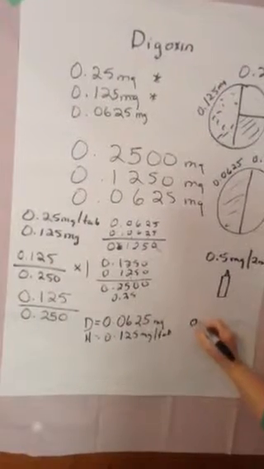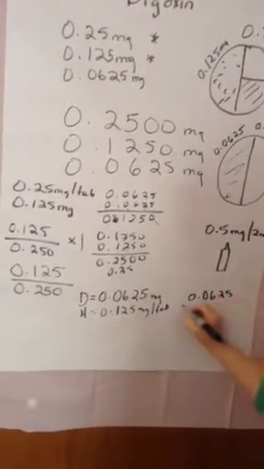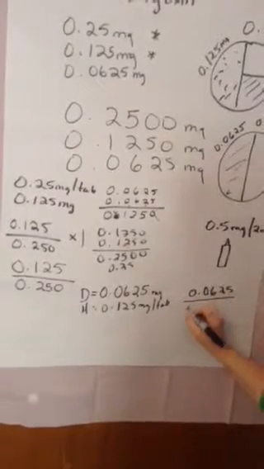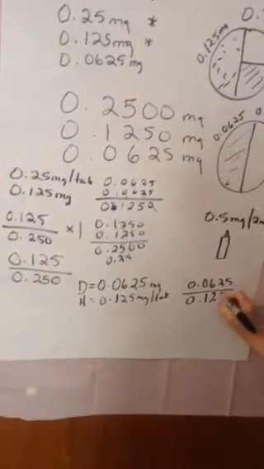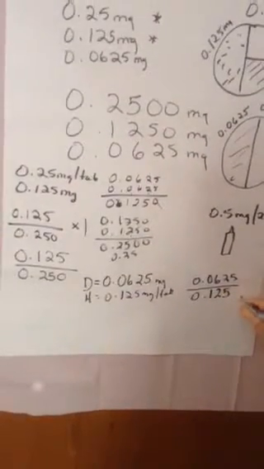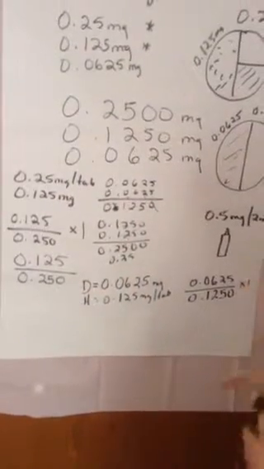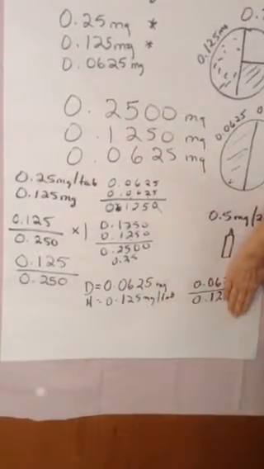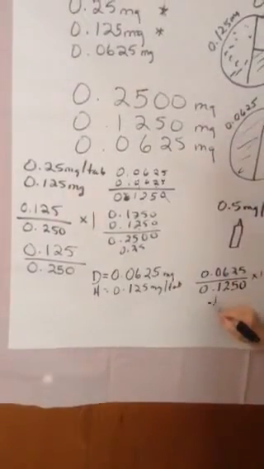Desired, 0.0625. Divided by what's on hand, 0.125. And this is the only time I'm going to add my trailing 0 when I'm working with digoxin, times 1. Okay, can you see? 6 over 12 is 1/2. So we're going to give 1/2 tab.